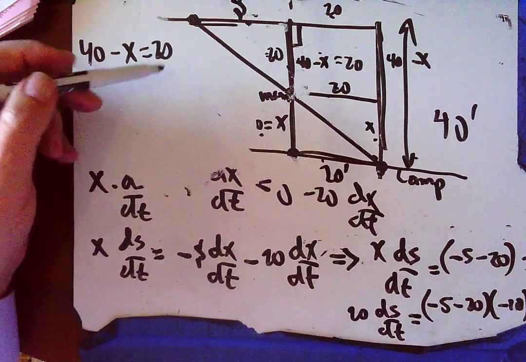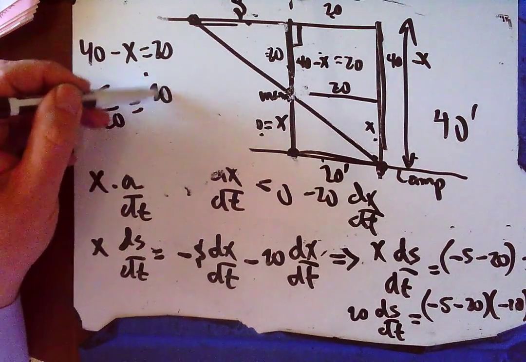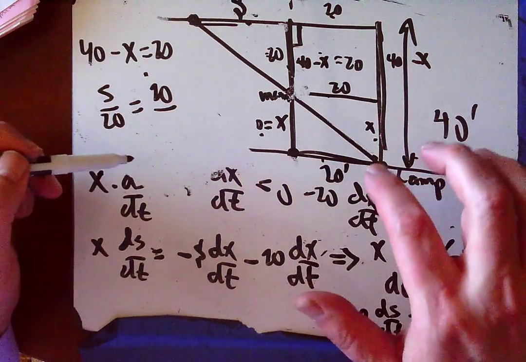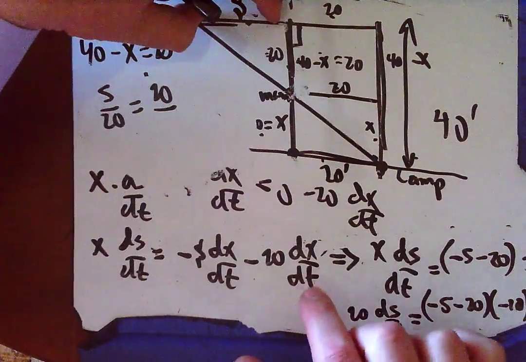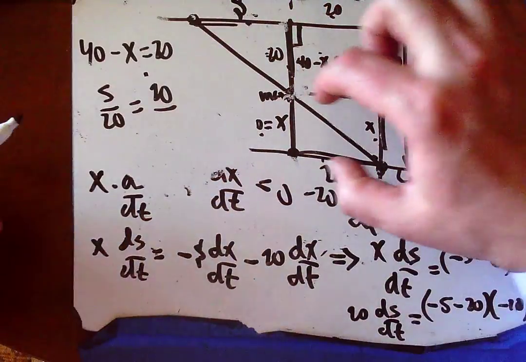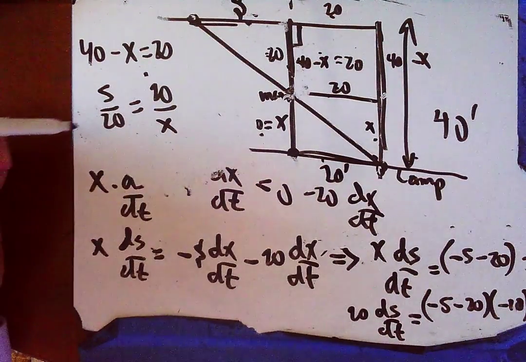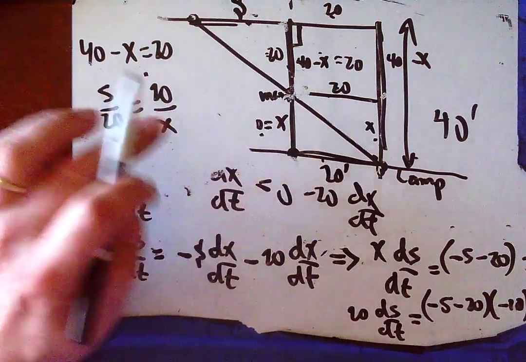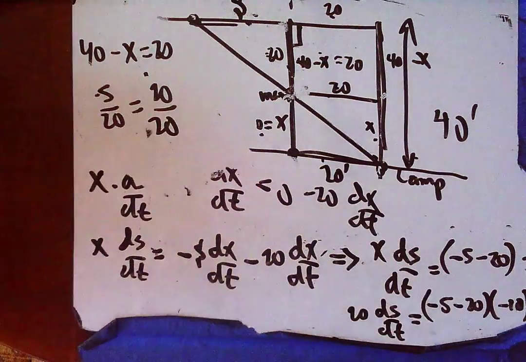We had s is to 20 as 20 is to x. Oh, but we figured out that x was 20. So I know s is 20 also.